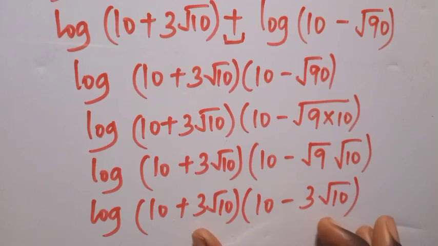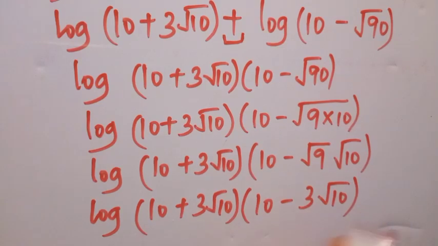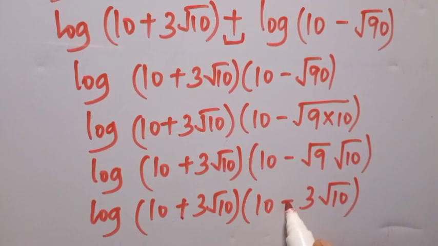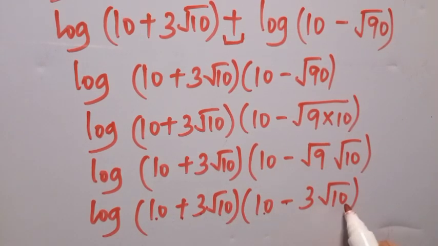Now looking at this, it is a difference of two squares, because there is an addition sign in one bracket and a minus in the other. There is 10 here and 10 there, and 3 root 10 and 3 root 10.